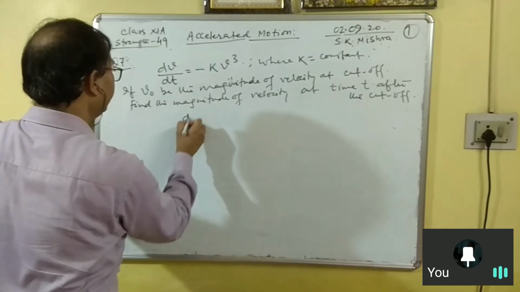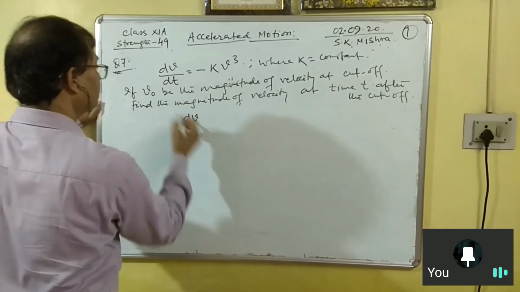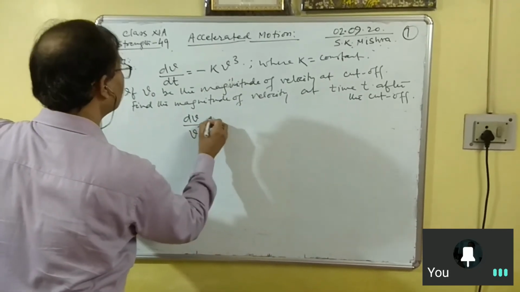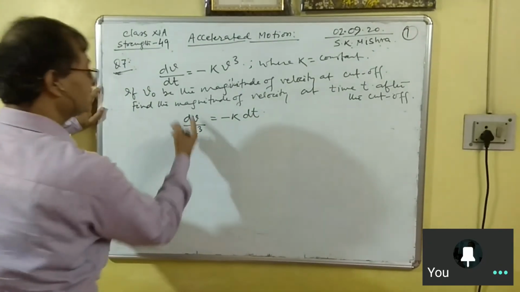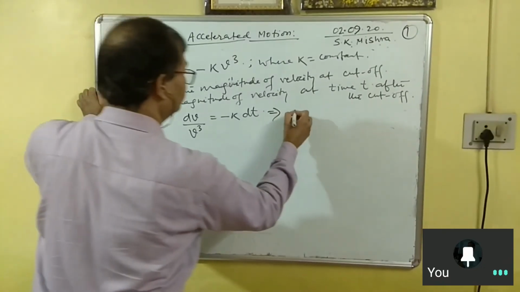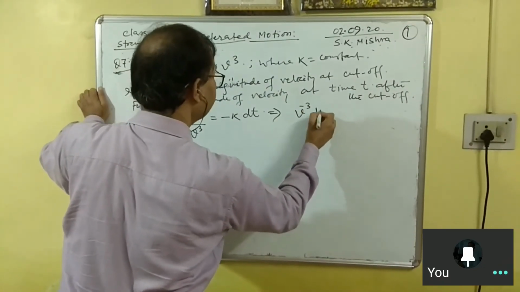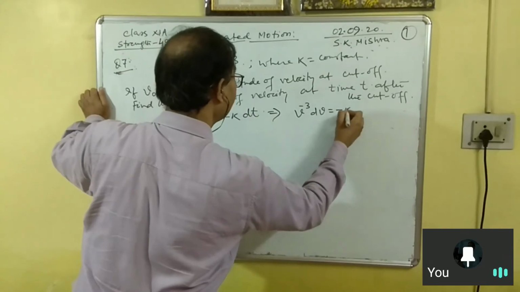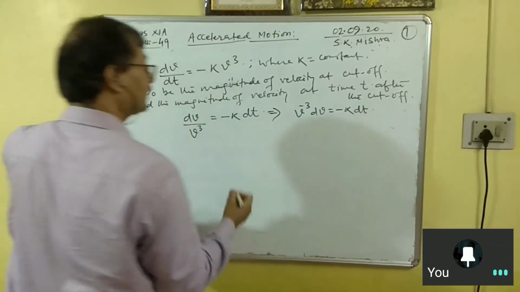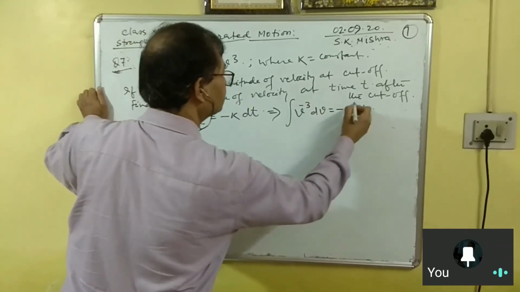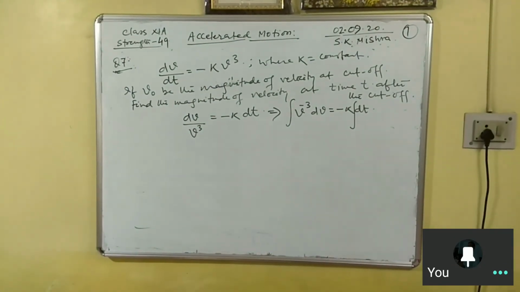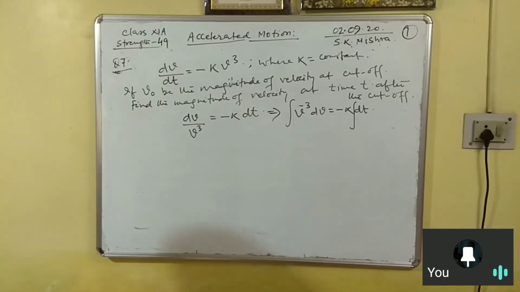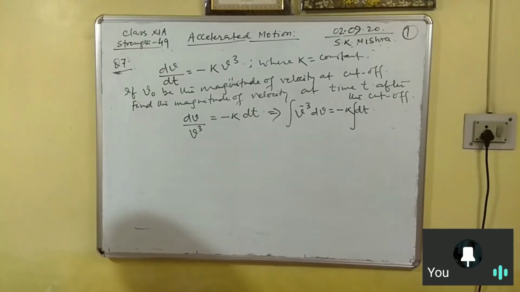So this dv by v cube is minus k dt. I can write v raised to minus 3 dv equals minus k dt. Integrate it. Now integrating both sides with the limits. v naught is the magnitude of velocity at cutoff.